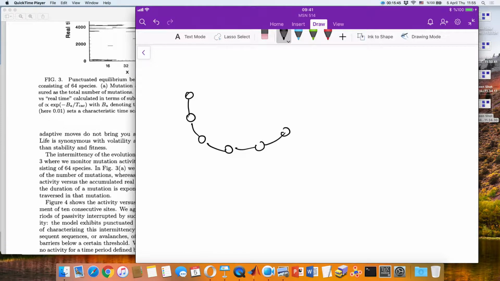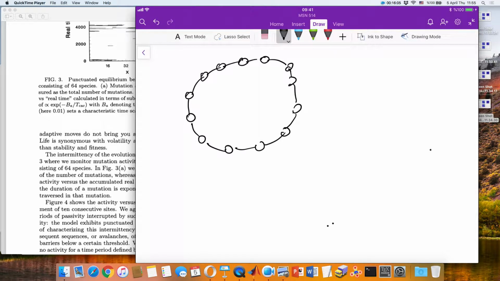So he thinks of the organisms as a network. It could be a food chain or something, or just proximity, whatever. And each one of them has fitness.